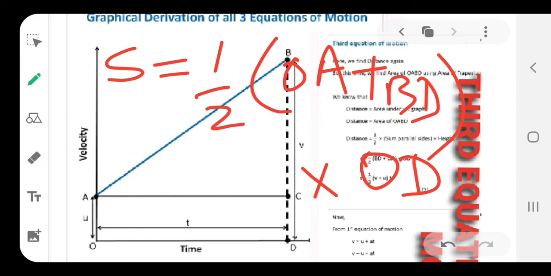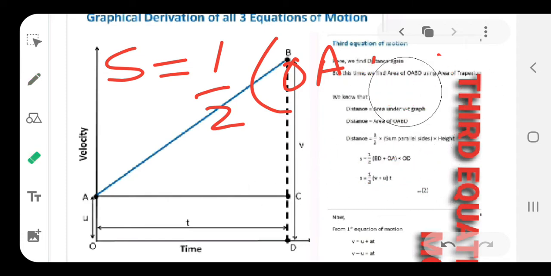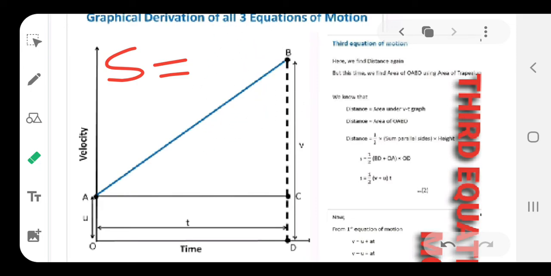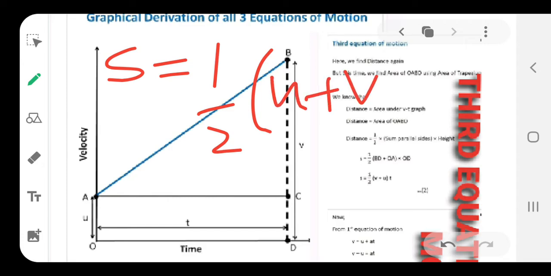Now put the value of this term, and you are approximately at the exact location of your derivation. Half will come like that, no problem, into the sum of the parallel sides I have told you. What is the parallel side? OA is u and v is the other side, into t. Okay, that you got it.